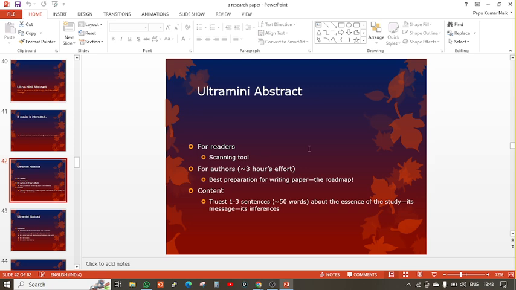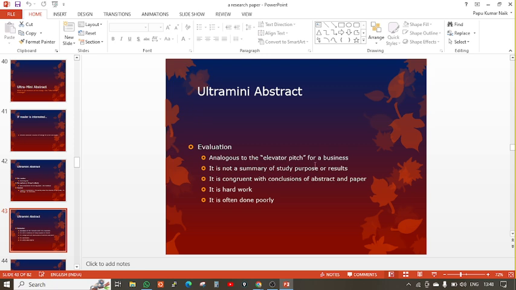These are one, two, or three sentences that can be clearly written, and it is the best projection of your roadmap or the details of the contents. That means mostly one to three sentences within 50 words, but an abstract is up to 150 words. So this ultra mini abstract is not compulsory for all authors, for all papers.